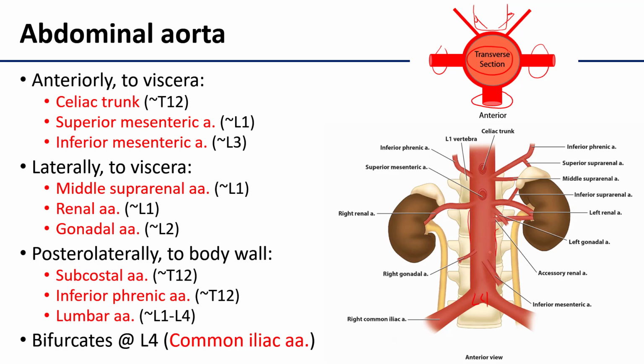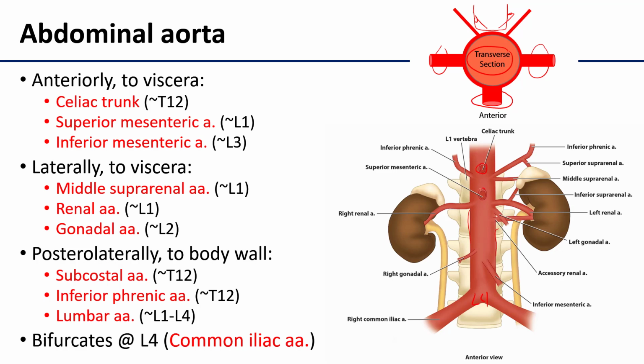So let's discuss these branches as groups, and then we'll get into the granular details of each. So first of all, the anterior branches to the viscera, these are the major branches of the abdominal aorta. We have at approximately the T12 height, the celiac trunk. That celiac trunk is going to supply the foregut with blood.